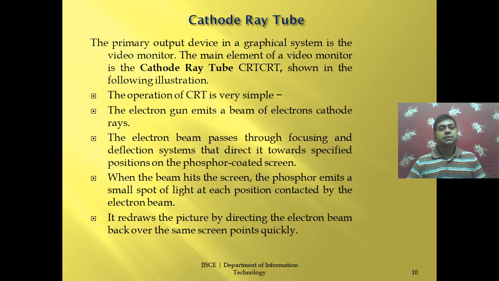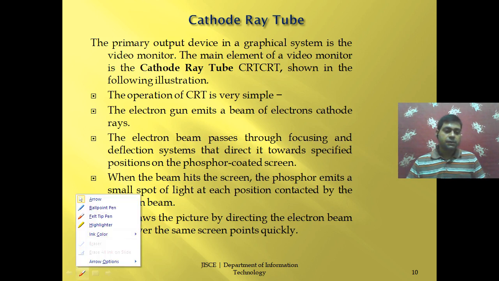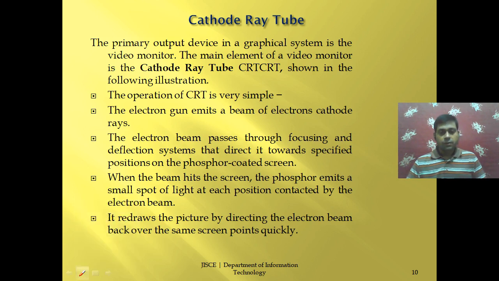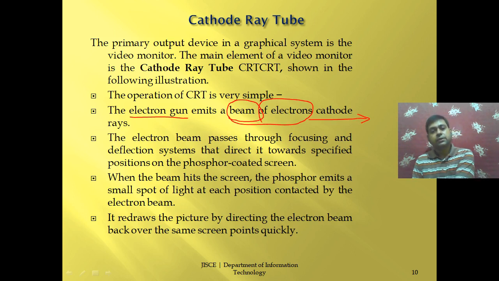In the cathode ray tube, the most important thing is the electron gun, which emits a beam of electrons that falls on a phosphorus layer, and that is what the screen is made of.